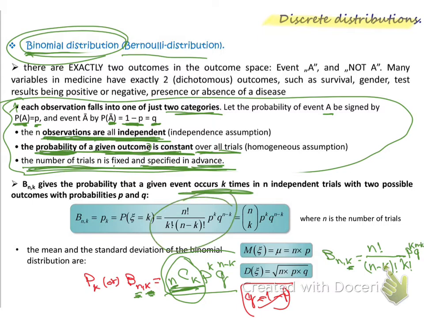So now we understand where this formula came from. This is the formula which I want you to understand. So here, N factorial divided by N minus K factorial times K factorial is N C K, times P of power K, Q of power N minus K.